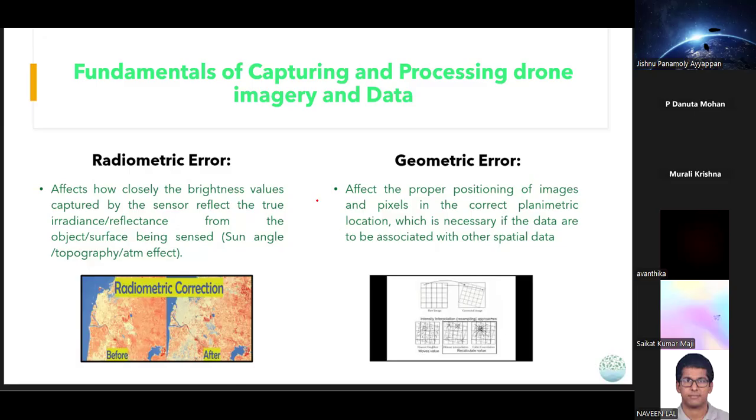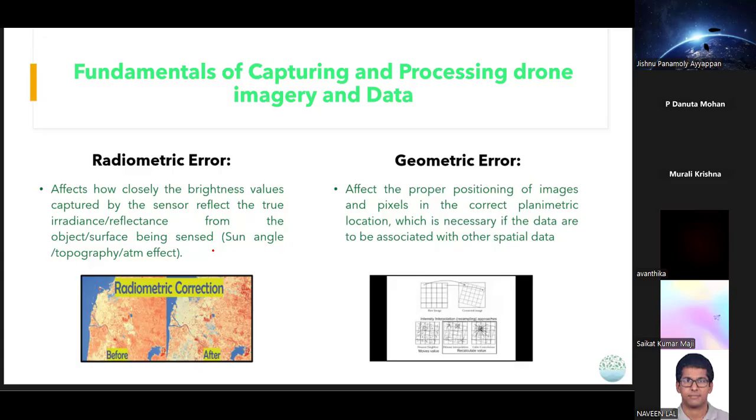The two major errors that we always encounter are, first, the radiometric error and, second, the geometric error. What is radiometric error? It affects how closely the brightness values captured by the sensor reflect the true reflectance from the surface being sensed. Suppose we are capturing an image from the drone.